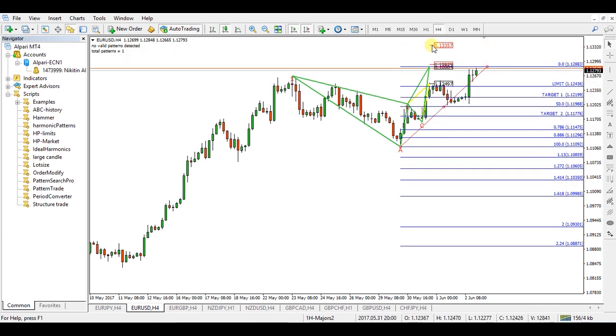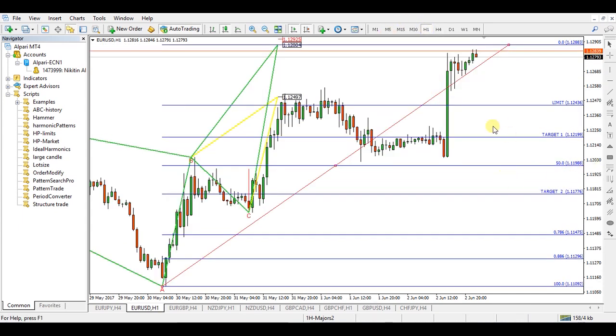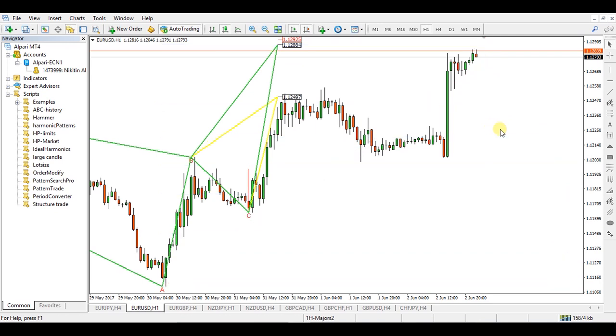So the stop will be needed to place here. This is the entry, 1288, 883, 884, something like this. Target 1, target 2. 1219 and 1177 are the targets. Let me switch to 1 hour time frame. What do we have here?